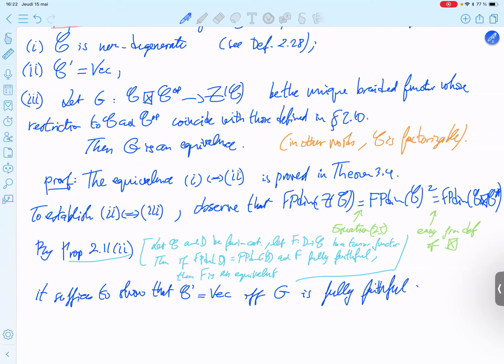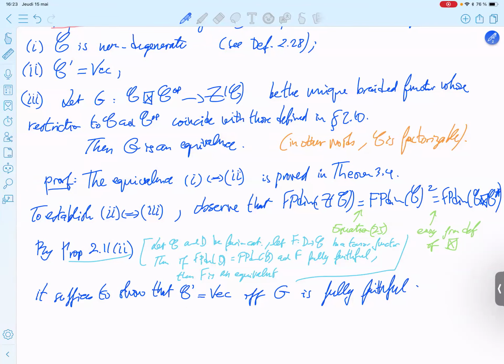Okay. Now, we have another lemma, which is just after proposition 2.11, regarding fully faithfulness. I did not write it in my notes, so let me just read it. Page 23. Lemma 2.12 says: let C be a fusion category and let D1, D2 be fusion subcategories.